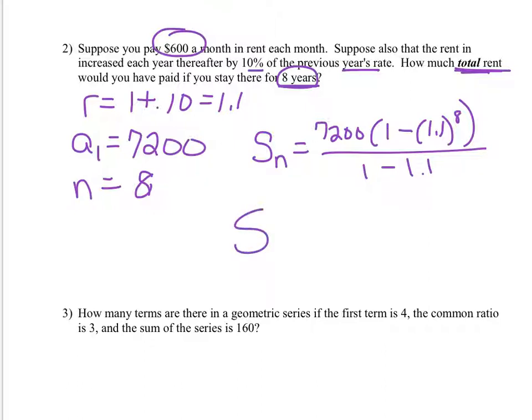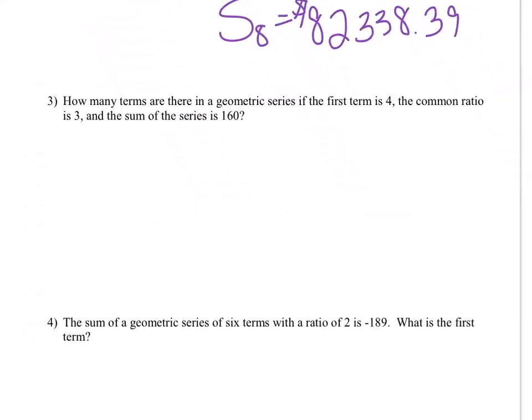Right, and then we just simply plug it in, and I wanted this to be 8, and we see what we get. Okay, since we're talking money, it's $82,338.39. That's a lot of bread.